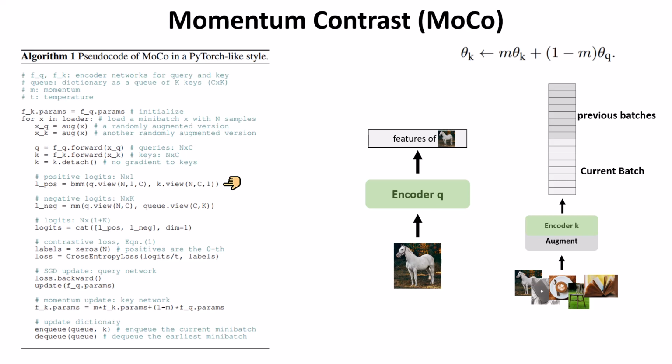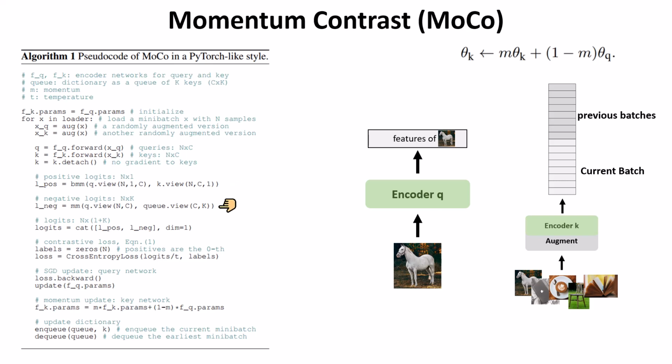And similarly, the second of the query is coming from the same image as the second element of the key, and if we take the dot product again, that should again be considered as our positive sample. So we have N samples, and we know that the output of the dot product is only a single element. So we have an N times 1 dimensional tensor in our positive logits.